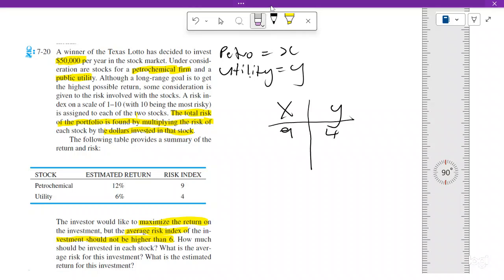Then divide the very same amount by 4. You're going to have 75,000. Right. So let's plot this.